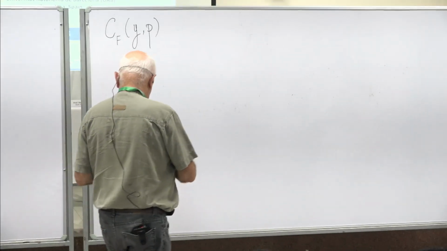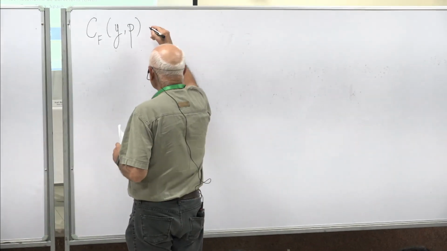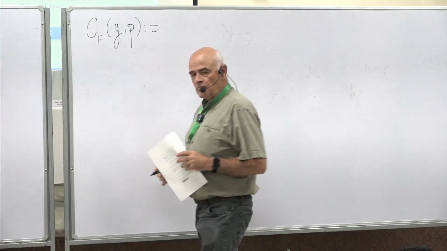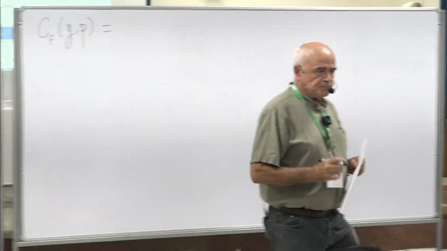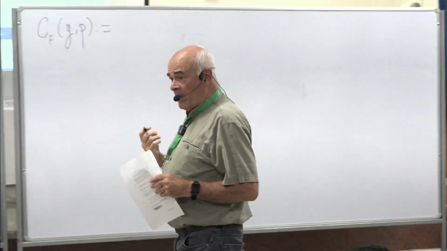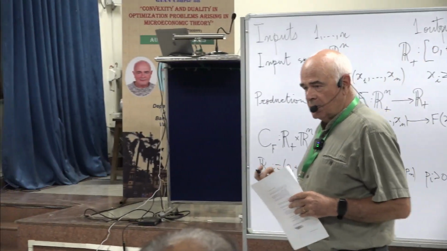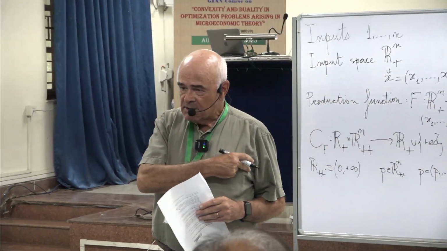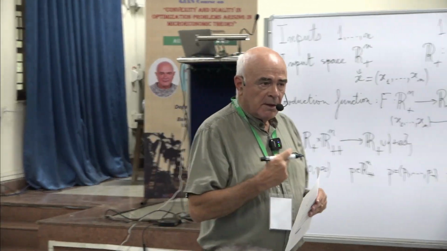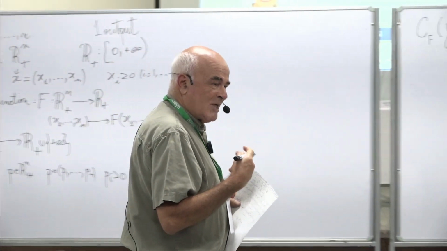And it associates to this pair the smallest amount of money that the producer has to spend under these prices, represented by p, in order to be able to produce at least y.